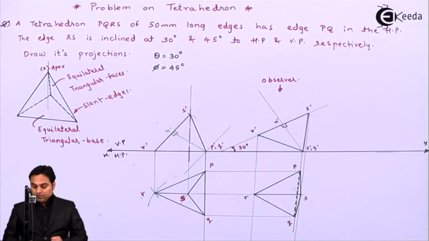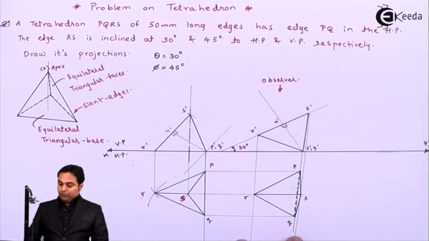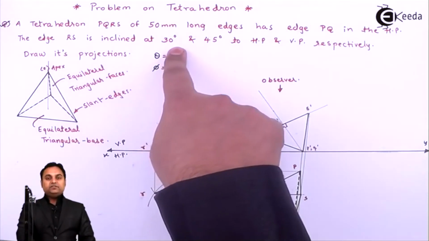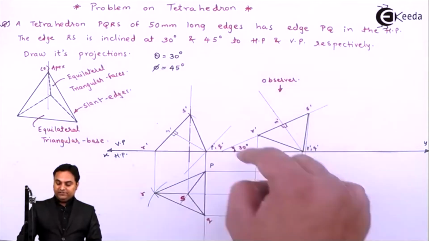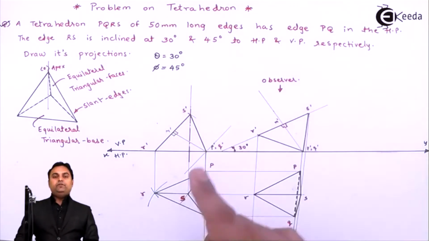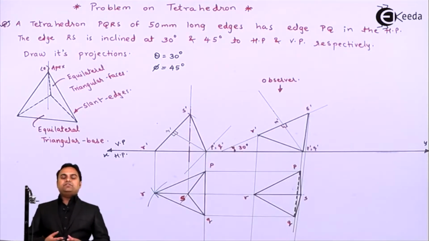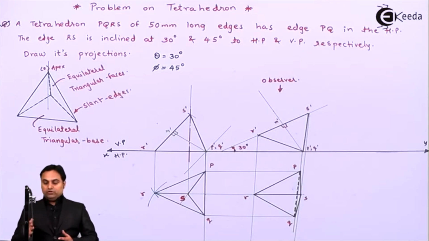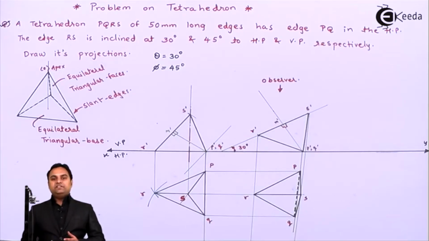Now, after completing the top view, the next condition is edge RS is inclined at 30 degree to HP. We have seen it. Now it is 45 degree to VP. So in the next condition, if it is inclined to VP, then in that case it will be visible in HP.